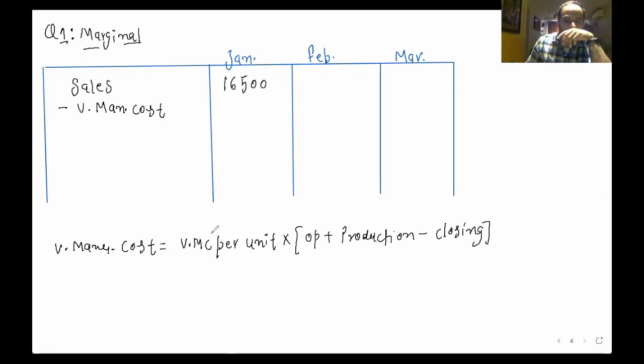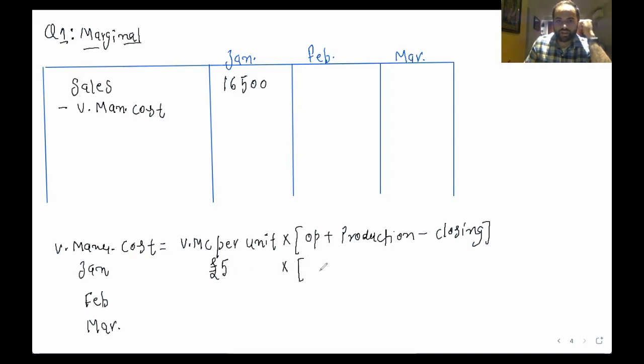All right. So let's start with January, February, and March. How much is the variable manufacturing cost per unit? Here, the variable manufacturing cost per unit is £5 per unit.